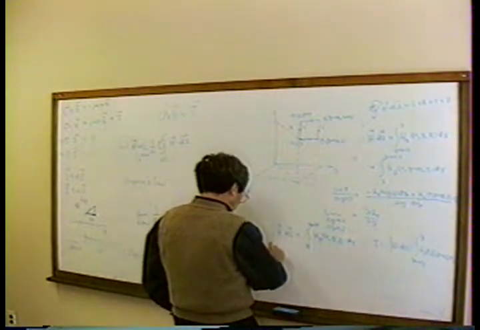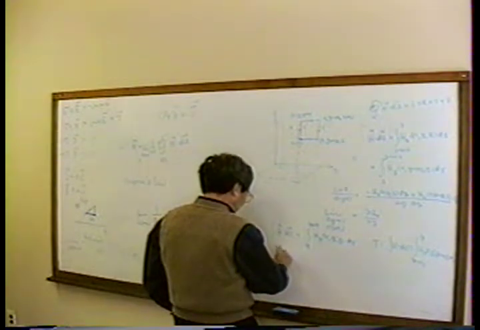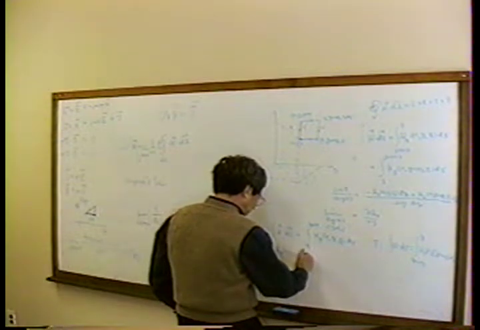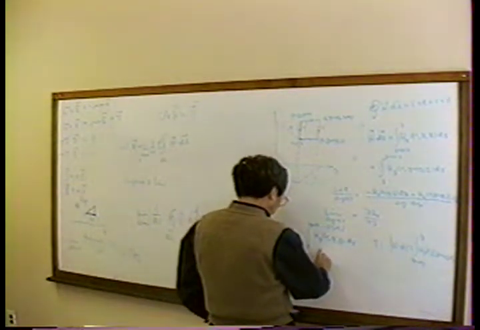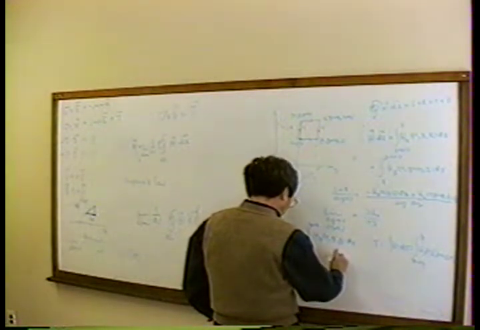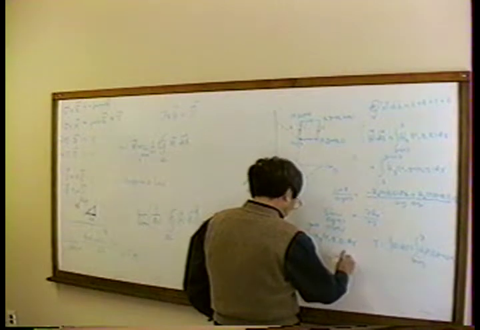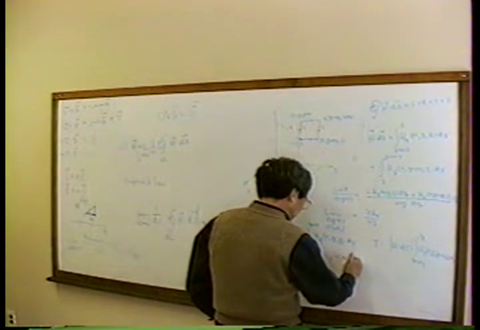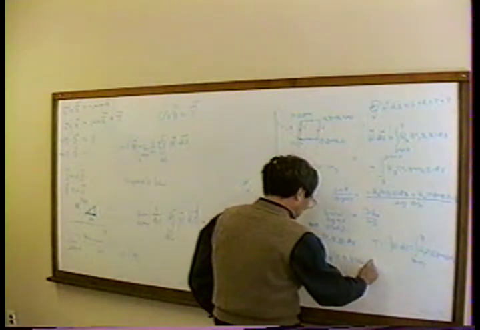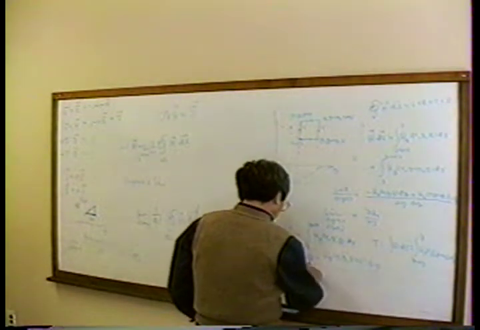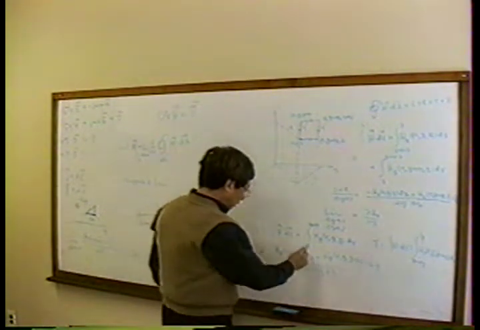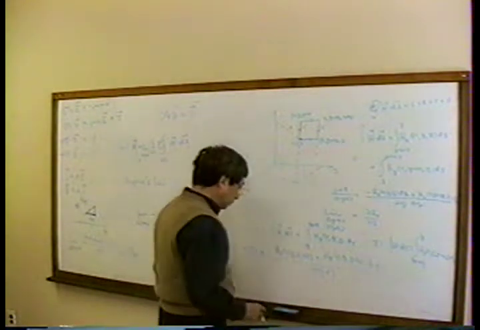Hy(x, y, z) delta y minus Hy(x, y, z plus delta z) delta y, over delta y delta z. So delta y cancels out.